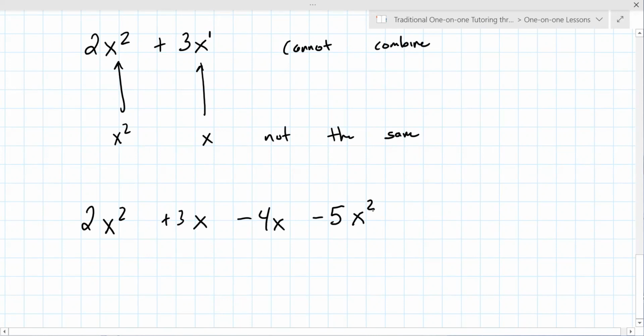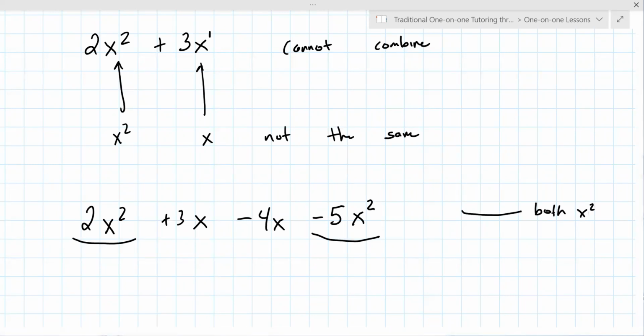Which of these can you combine? And I'm going to help here. You can combine this one and this one because they're both x squareds. All right, so we have to combine those two, 2x squared minus 5x squared.